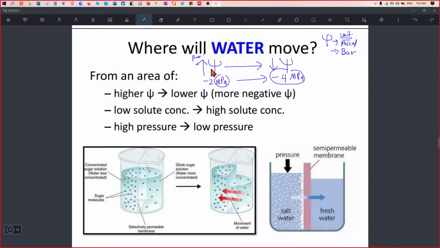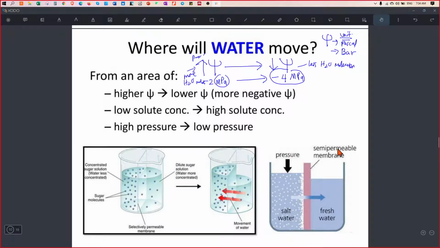Purer meaning this one has more water molecules, and this one has less water molecules. Why does it have less water molecules? Maybe it has some kind of solute. When you have low solute concentration, the water molecules will dominate more. So this will determine the movement of water.